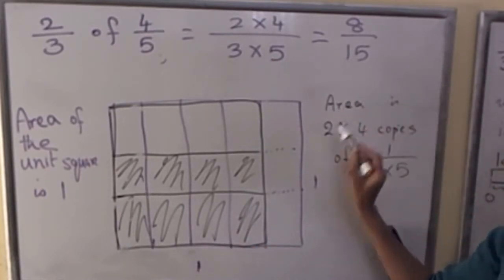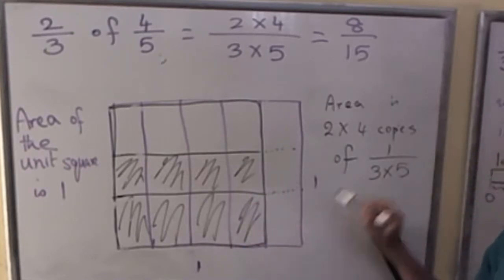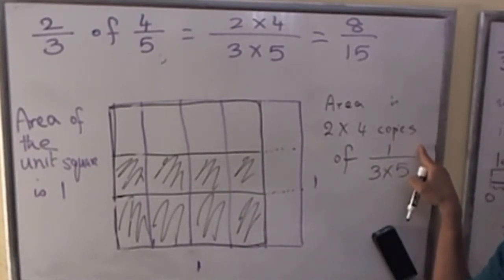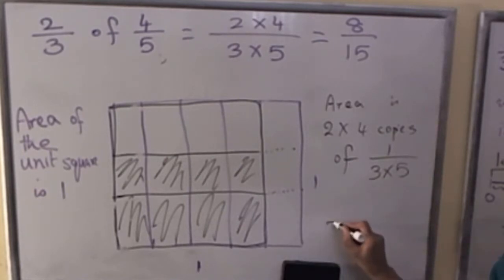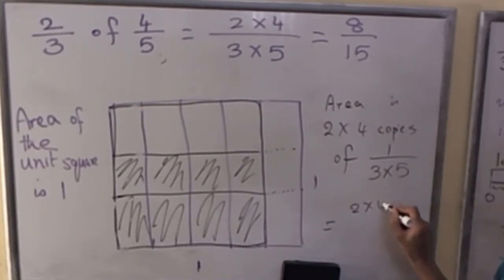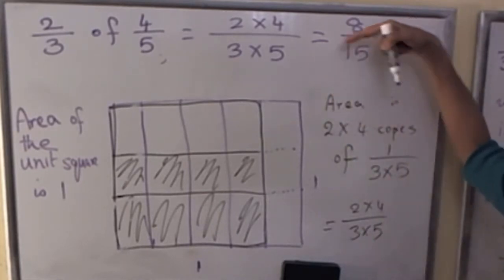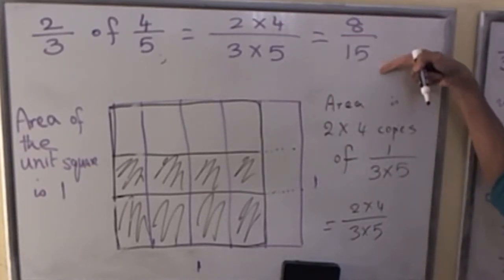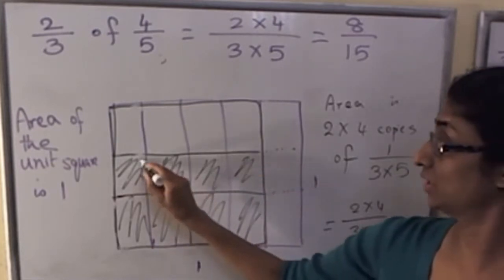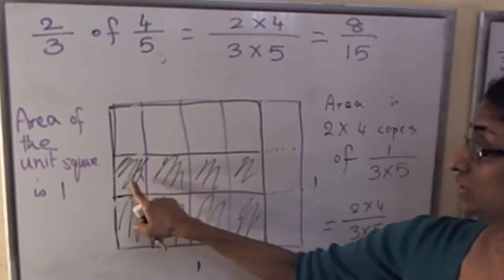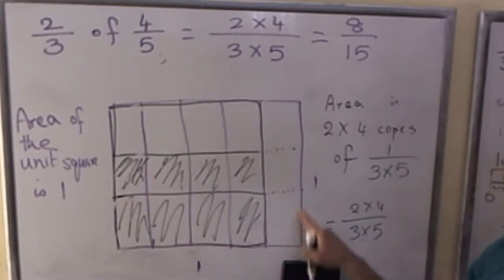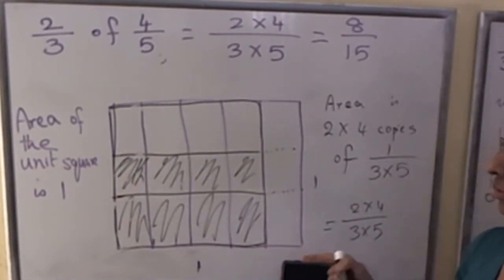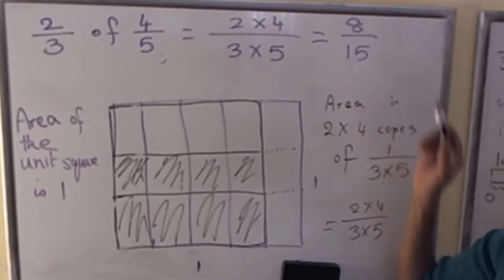So what we're saying is the area of the shaded region is 2 times 4 copies of 1 over 3 times 5. And that's really 2 times 4 over 3 times 5, which is what we have here, 8 over 15. You can also think of it as the area of the shaded region being 8 of these rectangles out of 15 of the total rectangles. That's really also what this is saying.